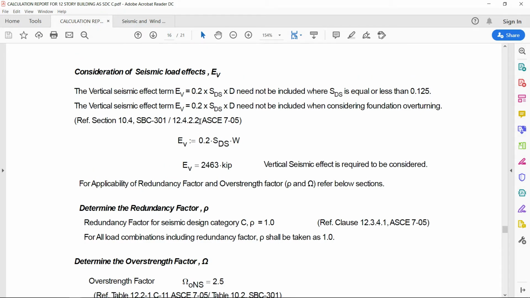As per section 12.4.2.2 of ASCE 7-05, you have to consider the vertical effect, and the vertical load comes out to be this much, which should be used in the definition of the load. I could not see anywhere that by default this vertical component will be added.